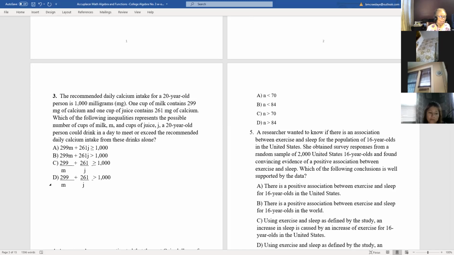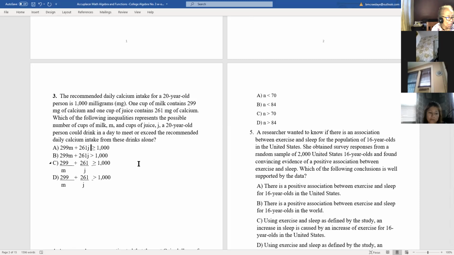Notice we have inequalities there: greater than or equal, greater than. Recommended daily calcium intake for a 20-year-old person is 1,000 milligrams.